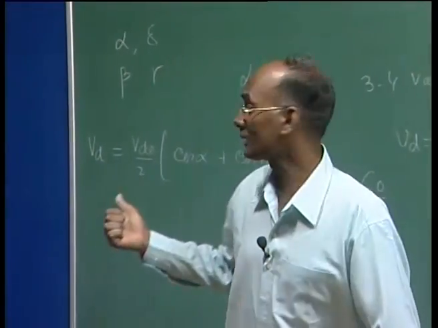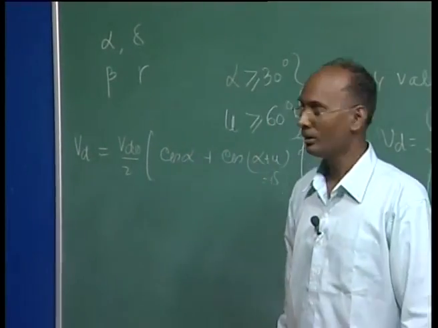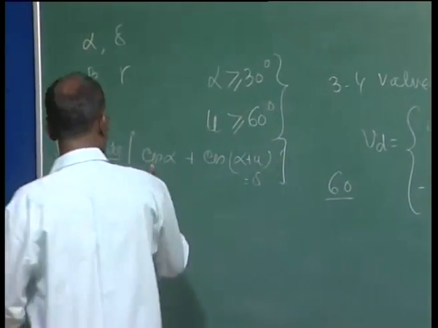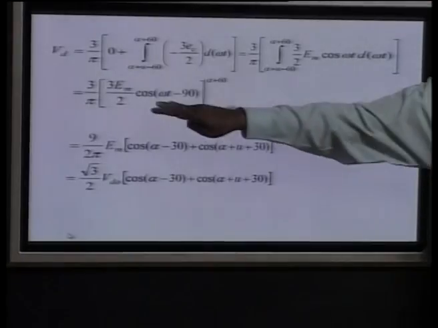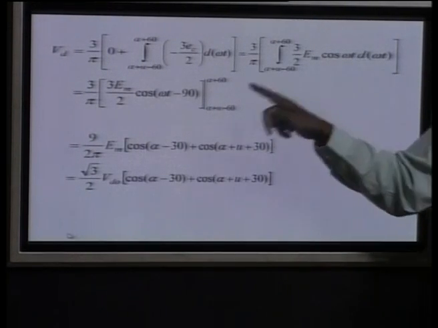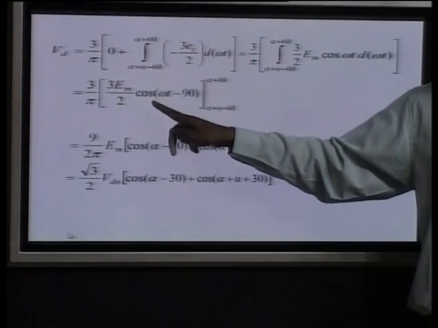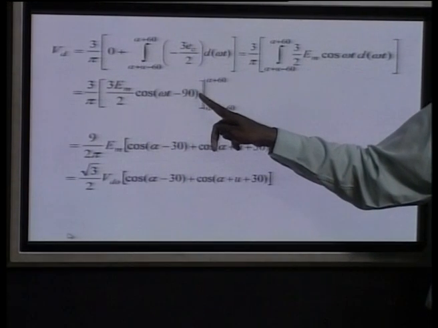So sometimes alpha plus u is also represented as delta. That is why cosine terms are appearing. I intentionally use the sine term, because when we integrate cosine omega t it becomes sin omega t, and that sin omega t can be written as cosine omega t minus 90 degree.